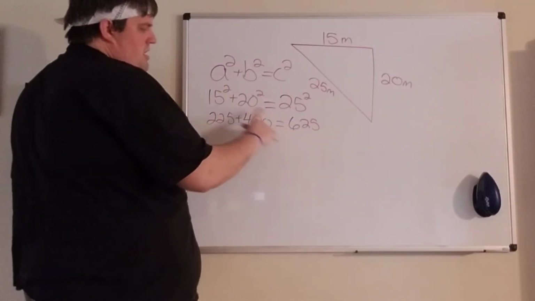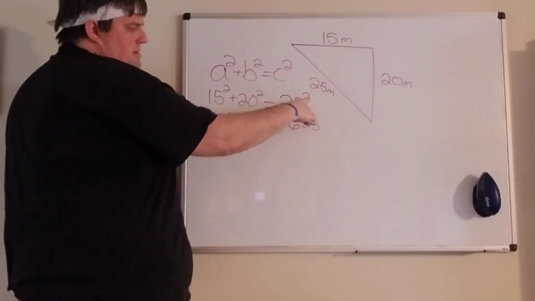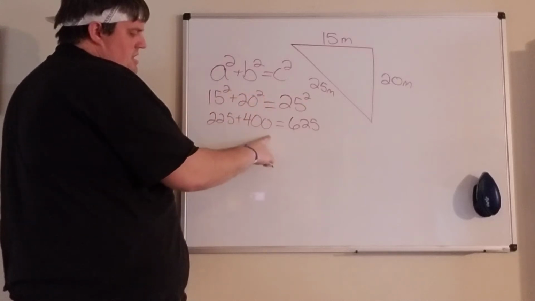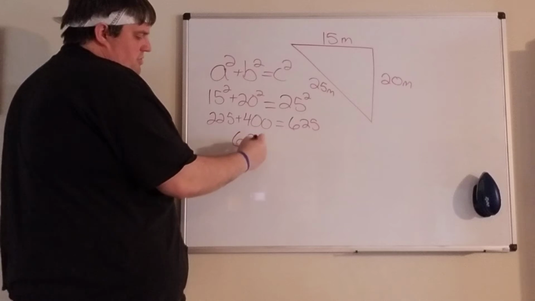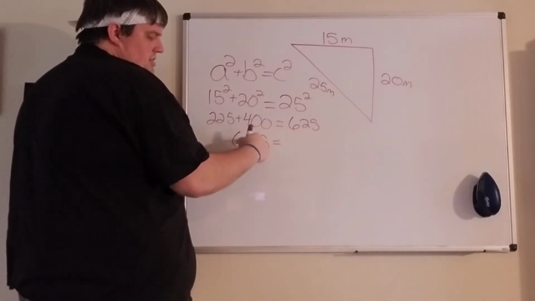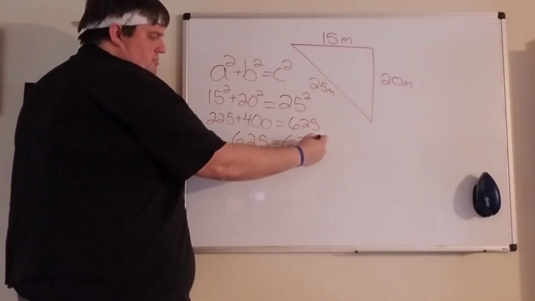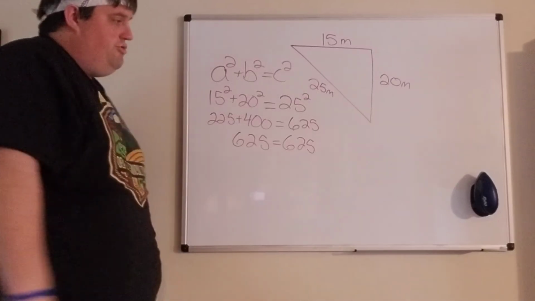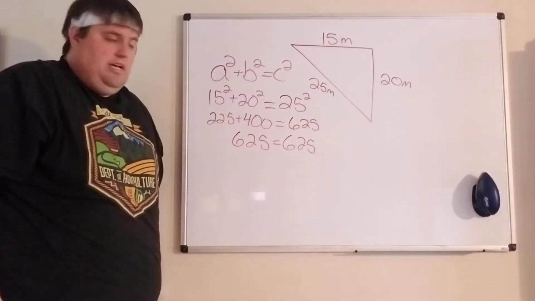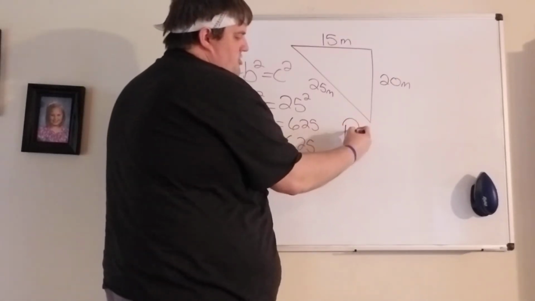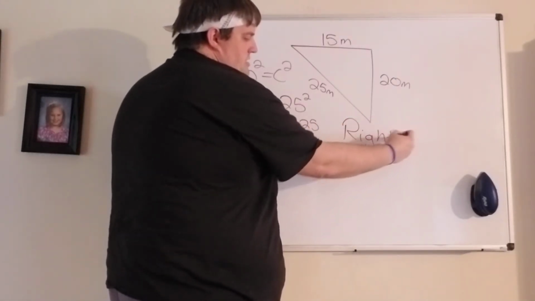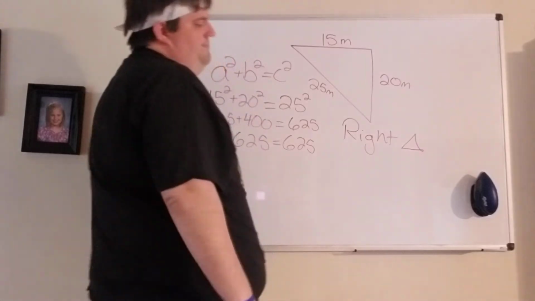So, I squared all of these numbers like it says. Now we can add those because they're like terms. 400 plus 225 is 625. 625 equals 625. That is a true statement and does in fact equal each other. So we can say this triangle is in fact a right triangle.